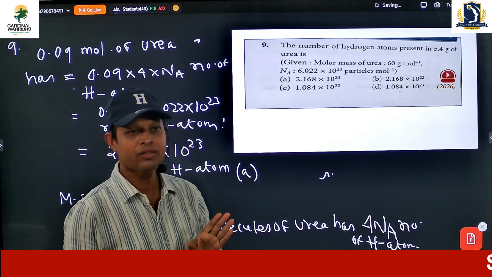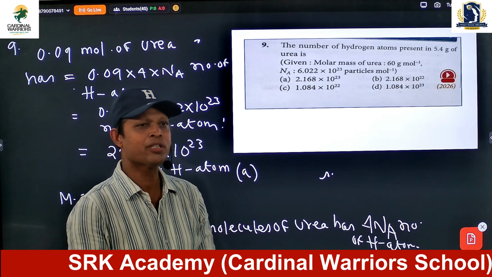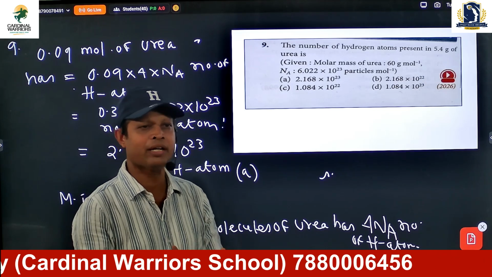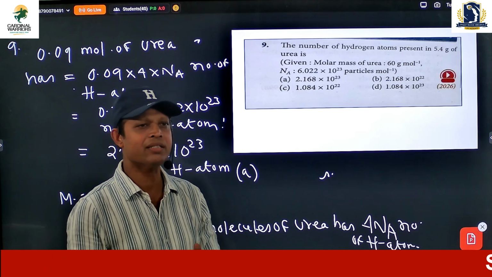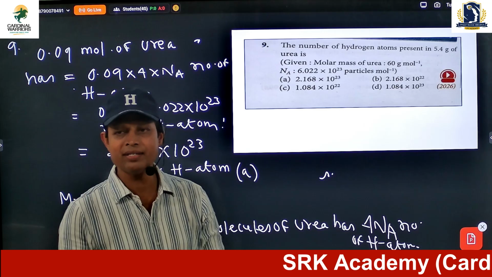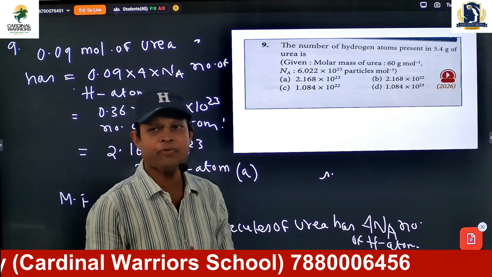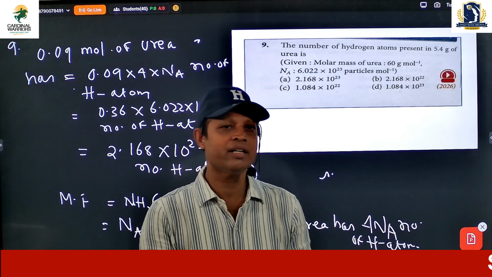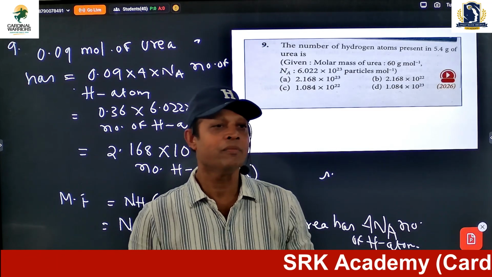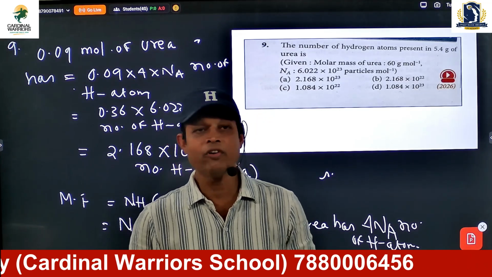Understood? First you find out the number of moles, which can be calculated by dividing given mass by molecular mass, that is 0.09. Once you find the number of moles, 1 mole of urea has Na number of molecules, and in one molecule of urea we have 4 hydrogen atoms.